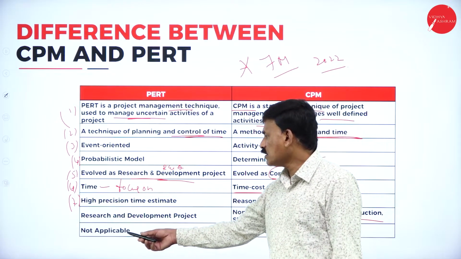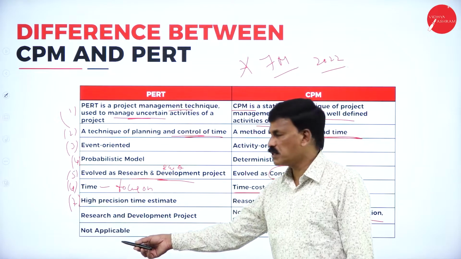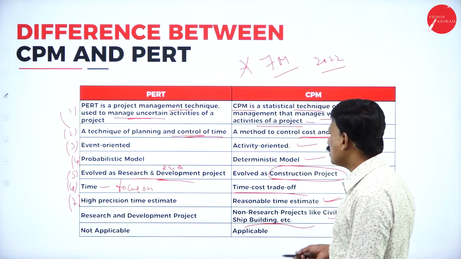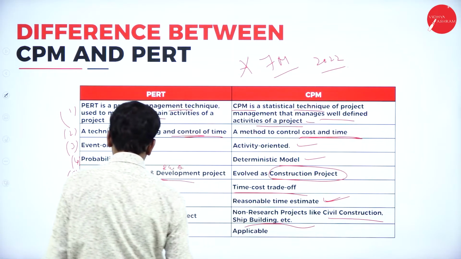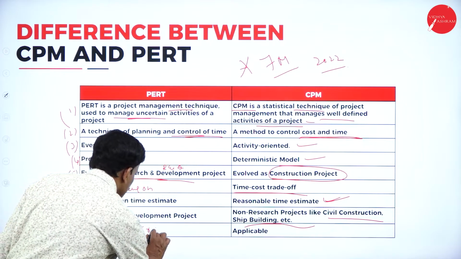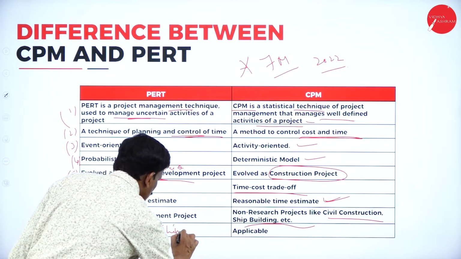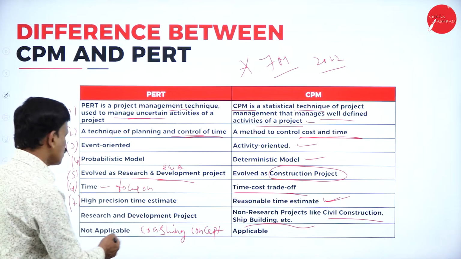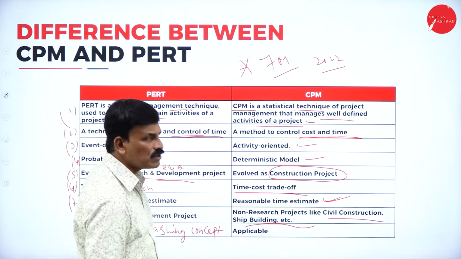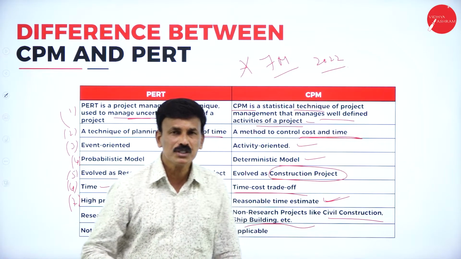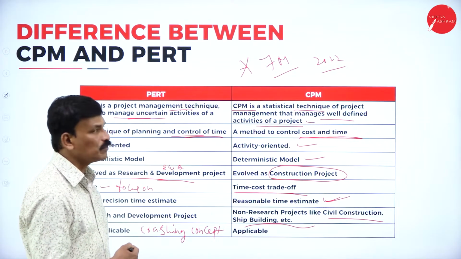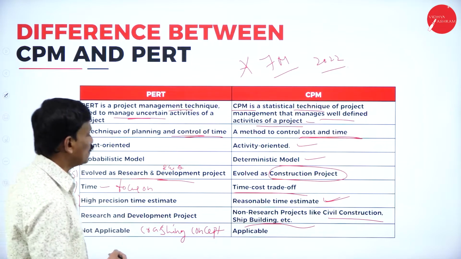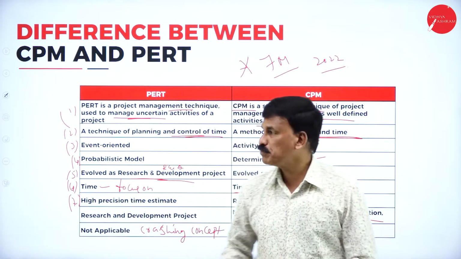The crashing concept is not applicable for PERT, whereas the crashing concept is applicable for CPM. So, these are the major differences between PERT and CPM.